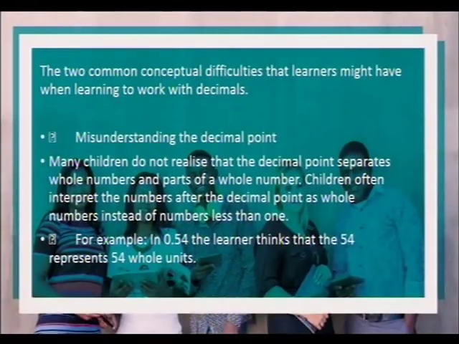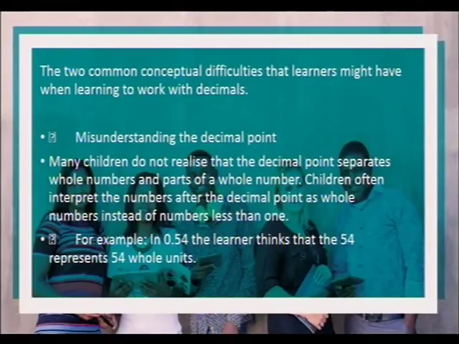We move on. We have two common conceptual difficulties that learners might have when learning to work with decimals. What are these difficulties that learners experience when dealing with decimal numbers? Number one, misunderstanding the decimal point. Many children do not realize that the decimal point separates whole numbers and parts of a whole number.